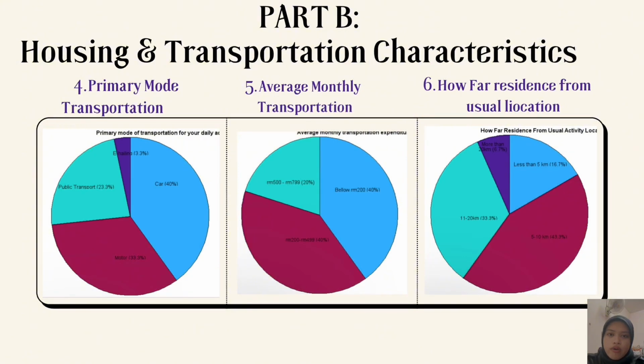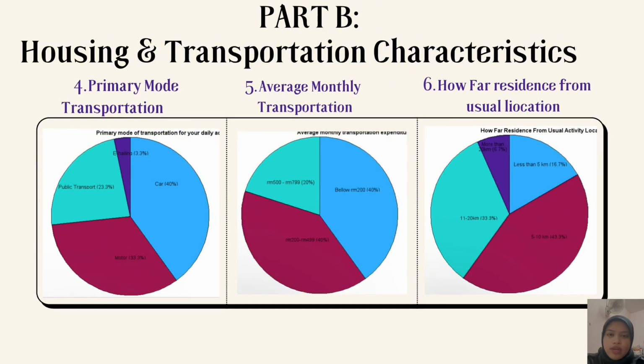In terms of average monthly transportation expenditure, 40% spend below RM200, 40% spend RM200 to 499, and 20% spend more than RM500. This shows that transportation costs form a significant portion of household expenditure.